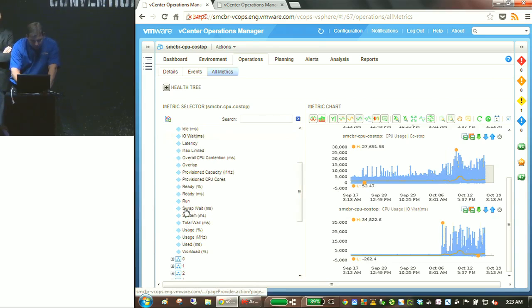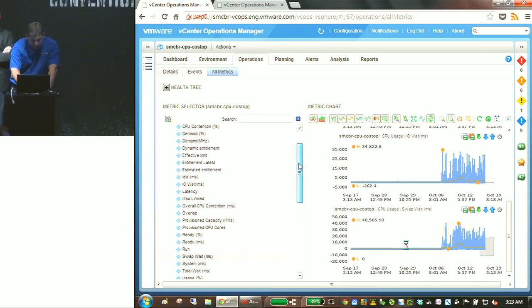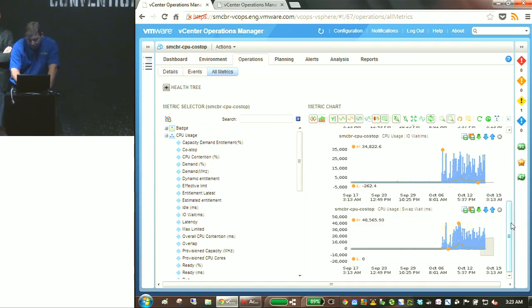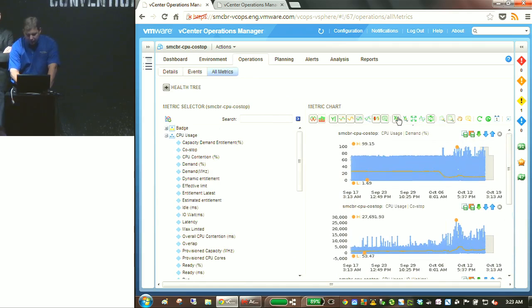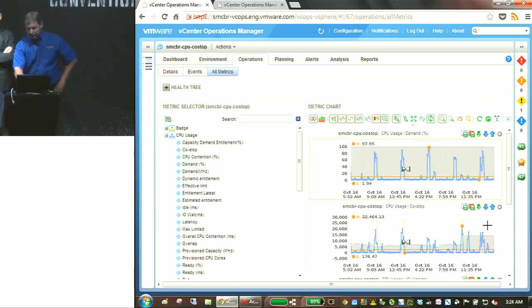Swap wait. Did I grab the I/O wait? Contention. Good stuff. All right. Then I select one of these here, which is zoom all together. And then I zoom into a certain number. I see something interesting here, so I zoom in again. And I start looking around.